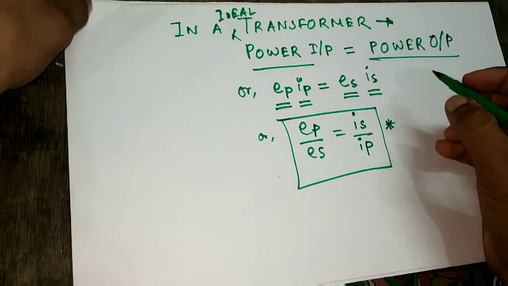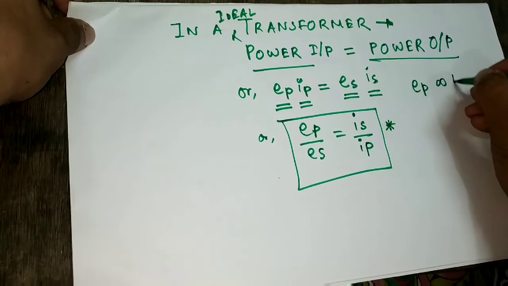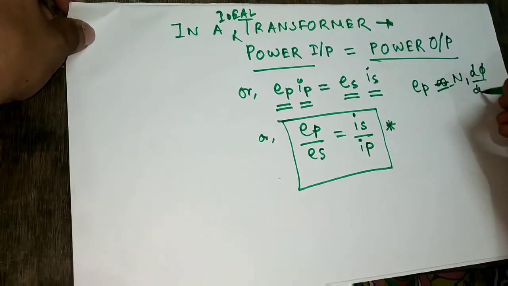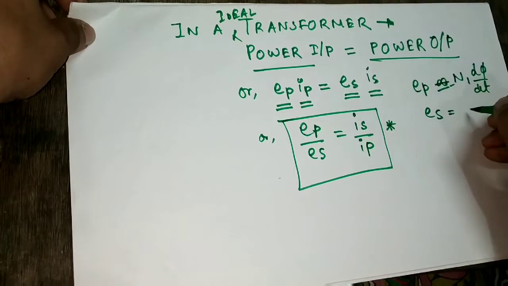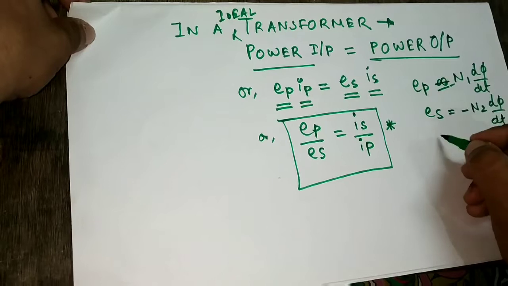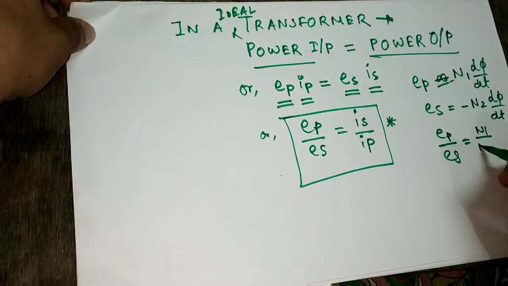And again, as EP is equal to minus N1 dφ/dt, and ES is equal to minus N2 dφ/dt, EP/ES will be N1/N2.